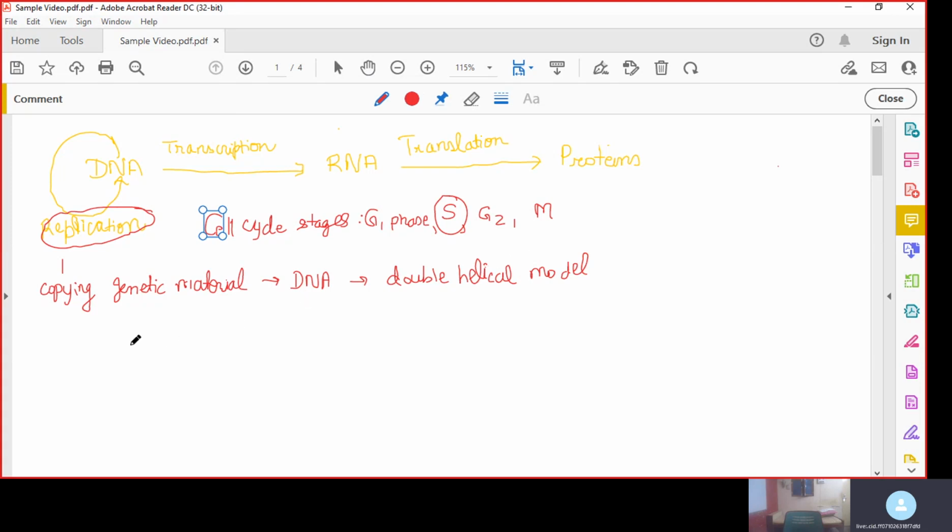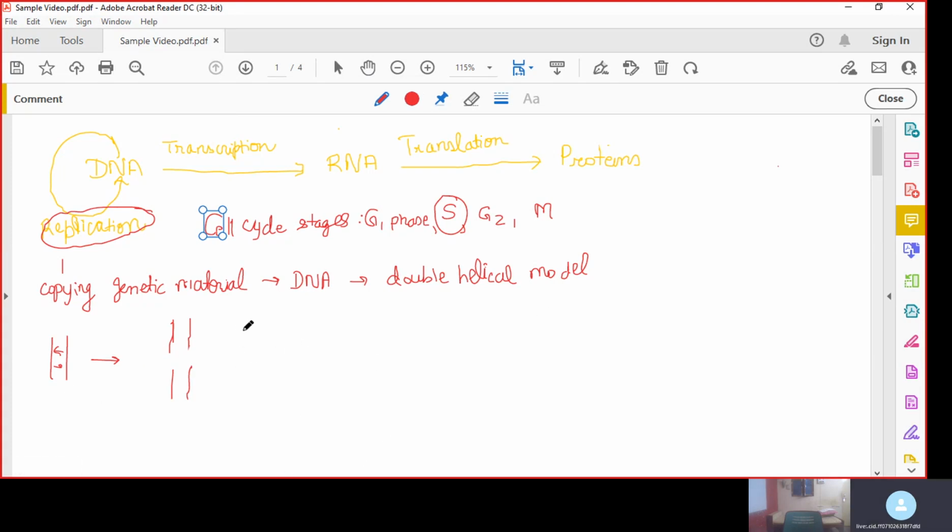template for their own partners. Consider that there are two strands. Both strands separate, one goes this side, one goes that side, and they generate new strands. These are the template strands, and these newly synthesized strands are complementary to them. So we have duplicated DNA.